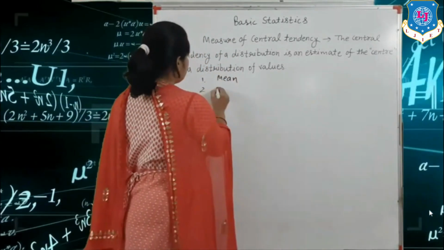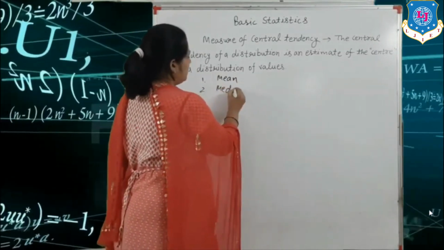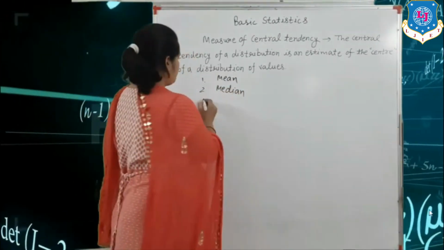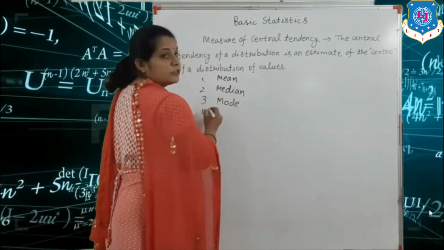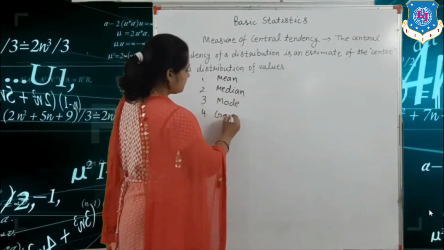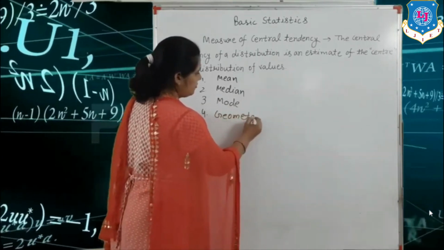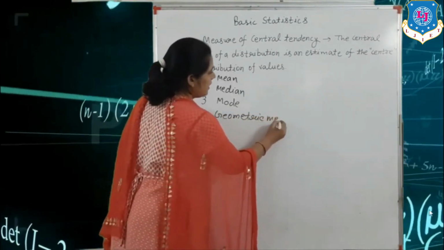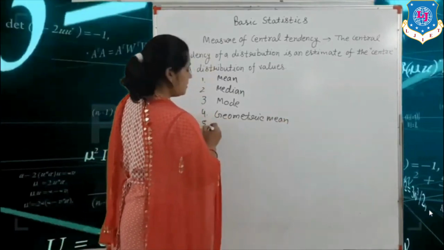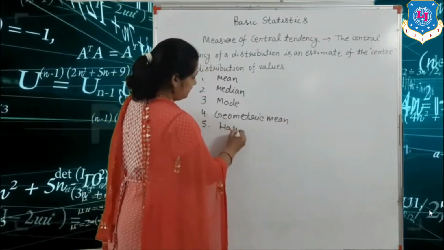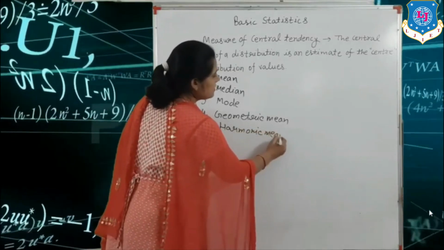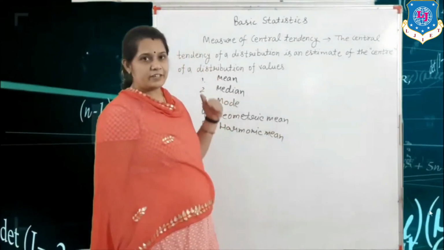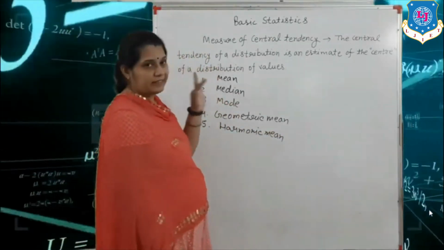Second is the median. Third is the mode. Fourth is the geometric mean, and fifth is the harmonic mean.